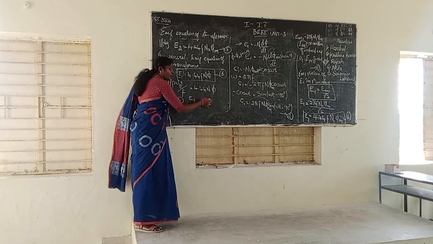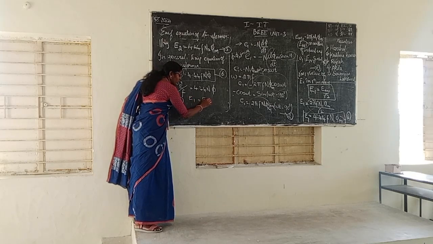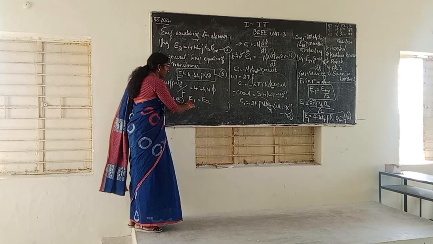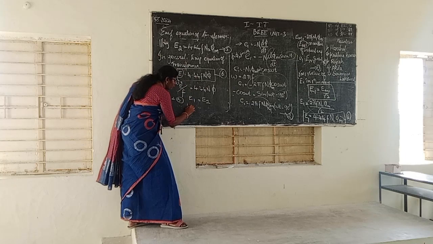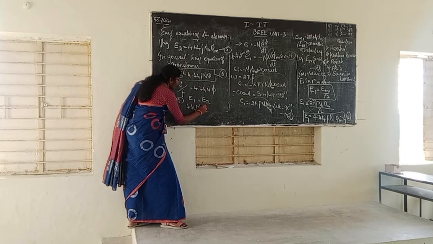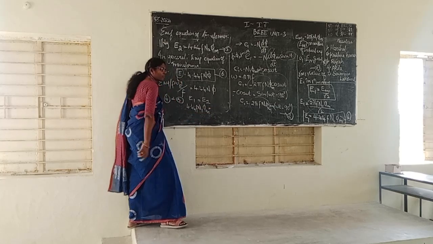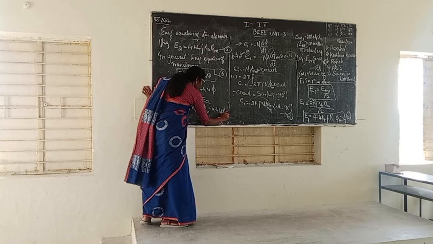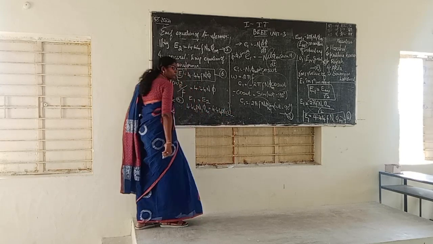E1 equals, and E2. E1 is 4.44 f N1 φm. Here it will be 4.44 f N2 φm.